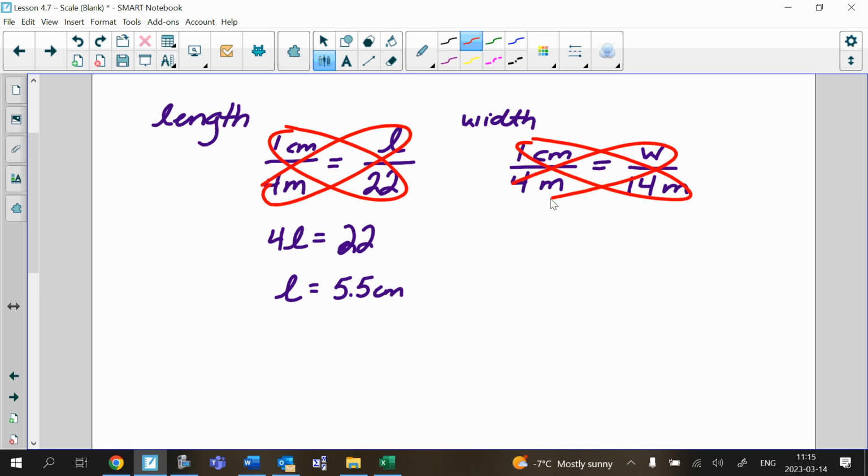Four times W, or 4W, is equal to 1 times 14, or 14. And in this case, W will equal 3.5. Okay. So that takes care of that.